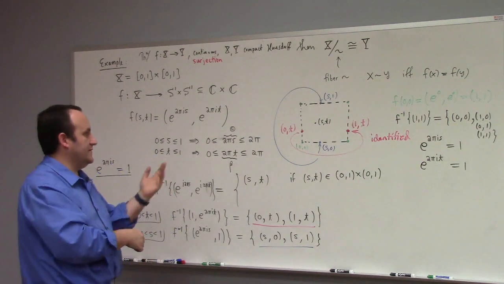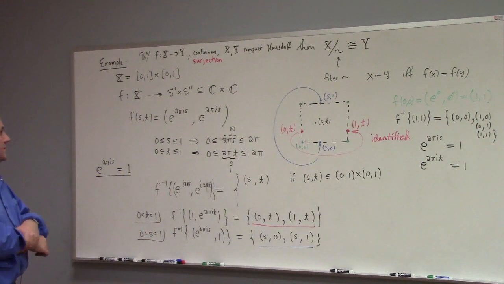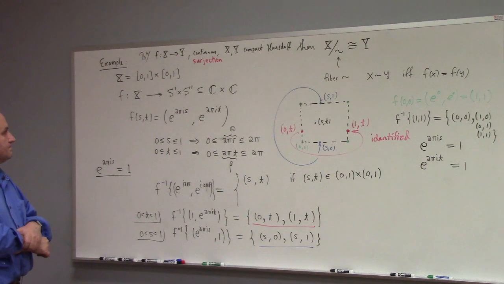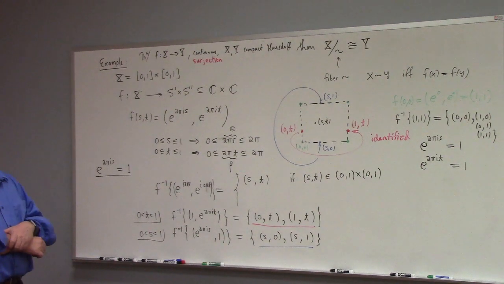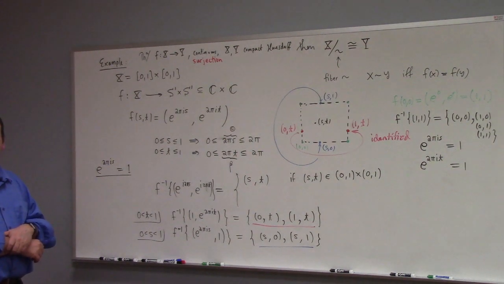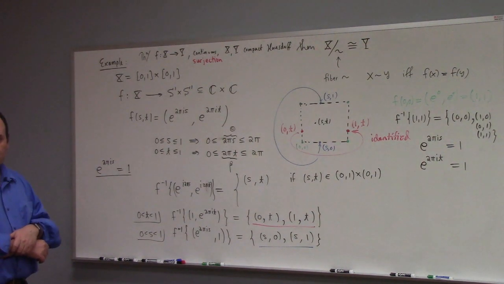Now this torus, it seems to me, is, well, that's a good question. Where is the X mod tilde? Like, where is that? Is that in R²? Is it in R³?